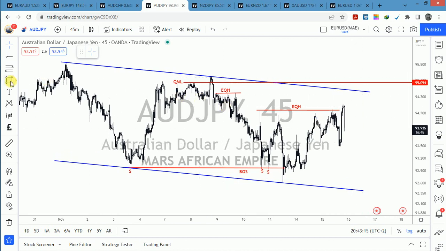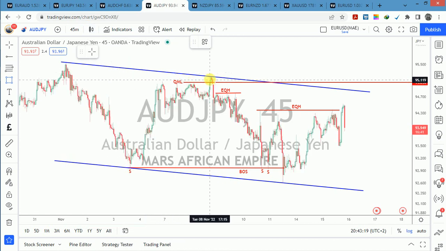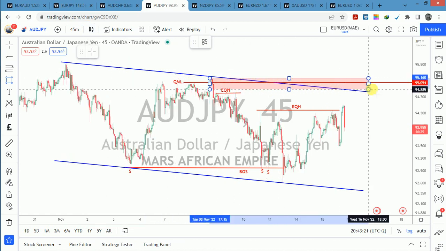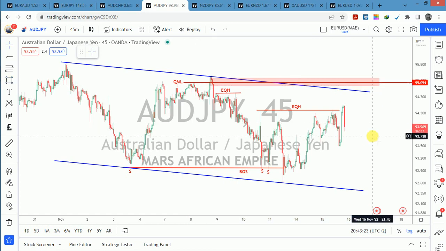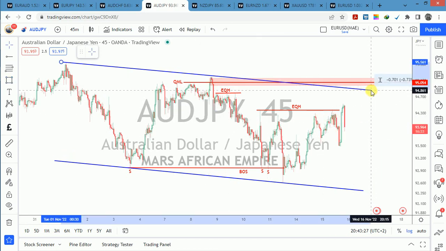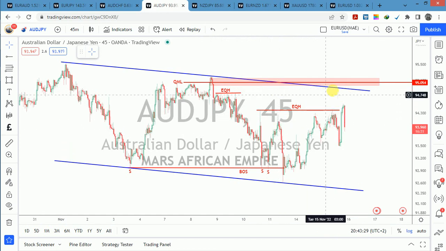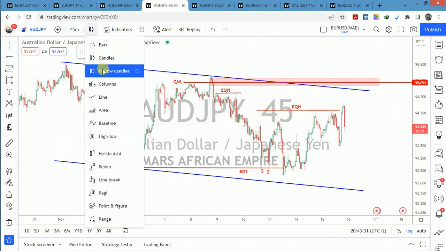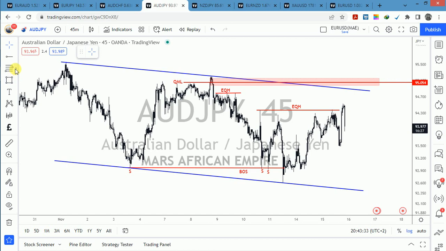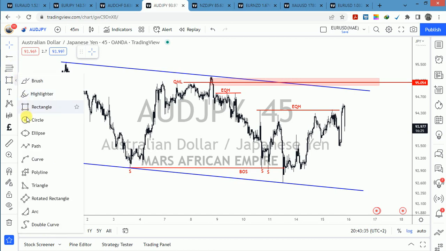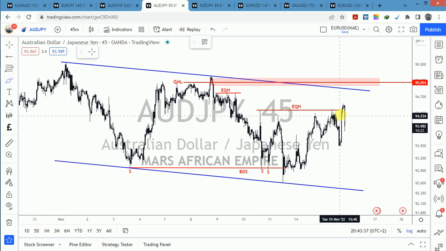And if that's the case, then we'll be looking forward to see this pair selling in this zone. This is where we'll be hoping to see this pair selling. So currently, just like AUD CHF, this pair is just taking out this imbalance here.